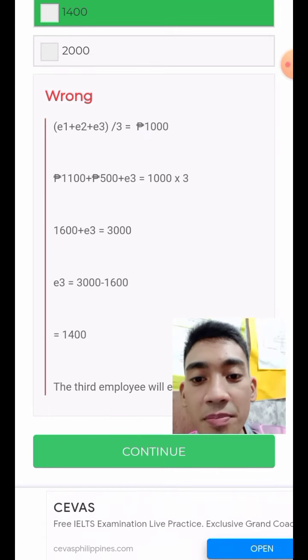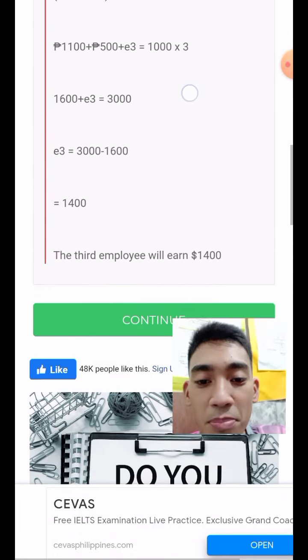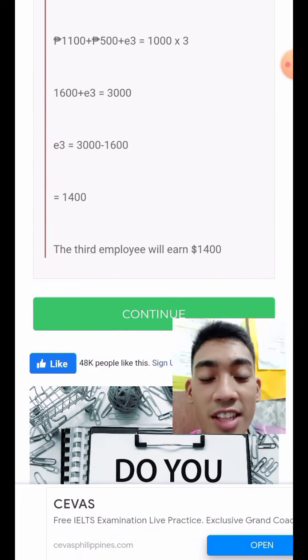So add, and then 1,100 plus 500 is equal to 1,600 plus the salary of C. Then multiply the 1,000 pesos with 3. So therefore, it's 3,000. Subtract 1,600 pesos from 3,000, it will become 1,400 pesos. So the third employee will earn 1,400 pesos.